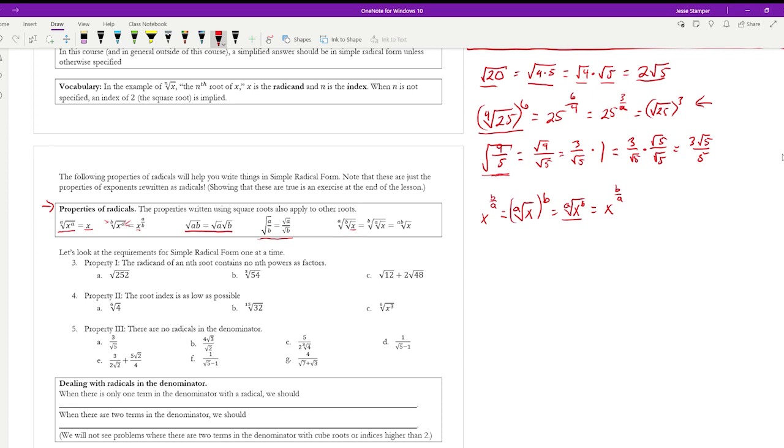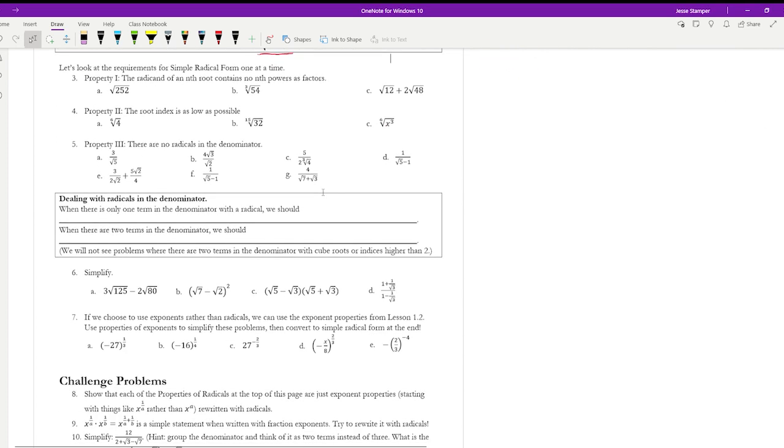You can do a and b, or you can do b and then a, like you do in the second example here. Or you can just multiply a times b and do one radical over the x, like this one right here. These are properties that you can use to manipulate radicals. And here are some examples of them.